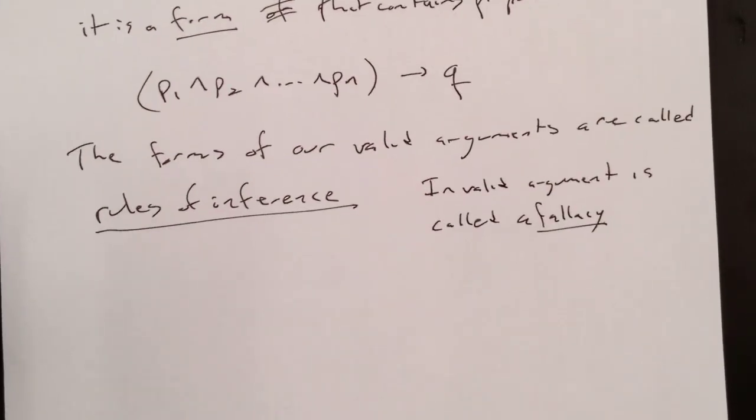And the fallacies that we are going to cover in this course are related to the way in which the argument breaks. But that means I need my summary ideas. What are the rules of inference I'm going to use? Let me give you one example.